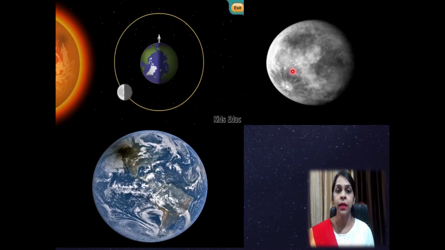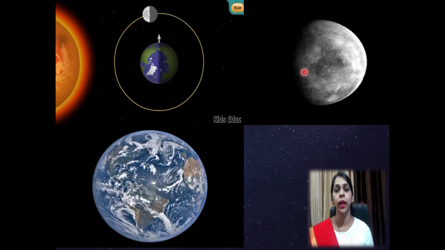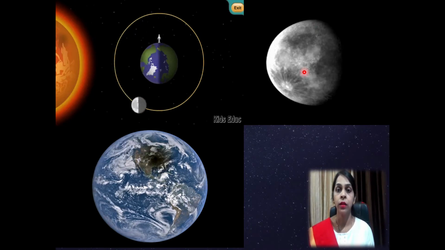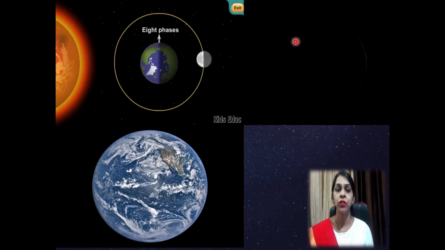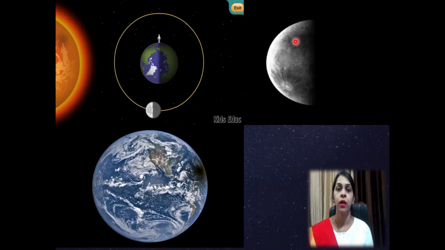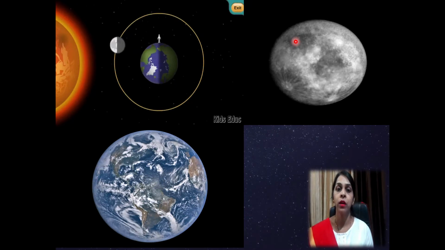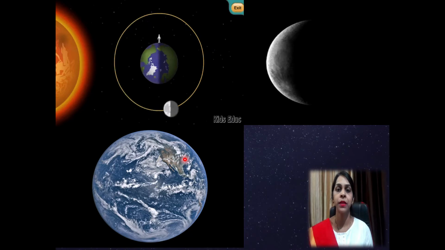In the second image, we see how it looked from the earth. We will see the shadow of the moon going from the earth. Observe especially.